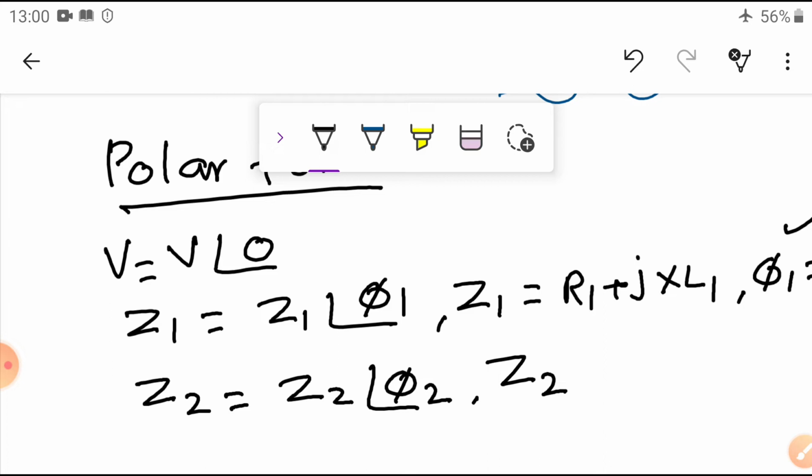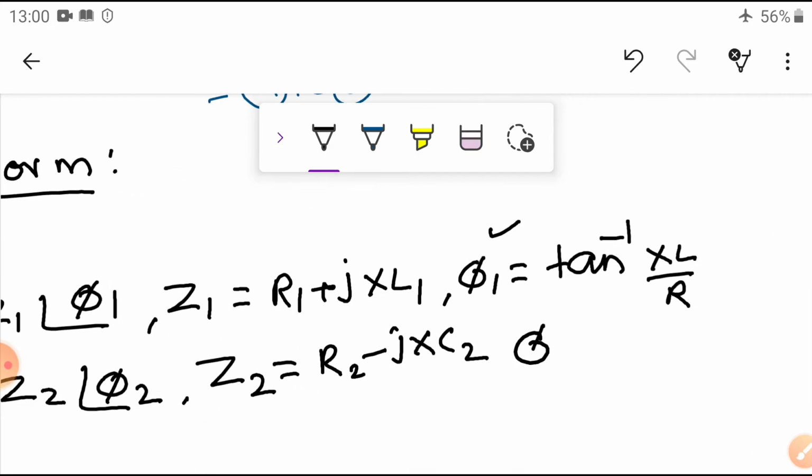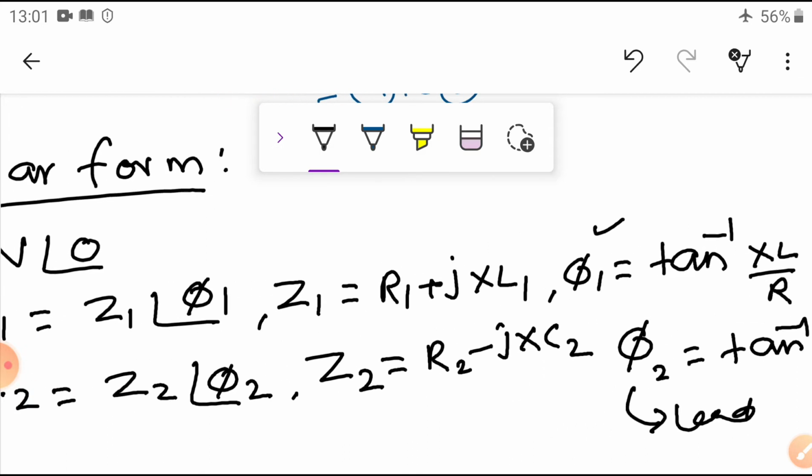Z2 is equal to R2 minus jXC2. The phi 2 is equal to tan inverse of XC2 by R. So this is a leading, so you are going to get minus phi 2.